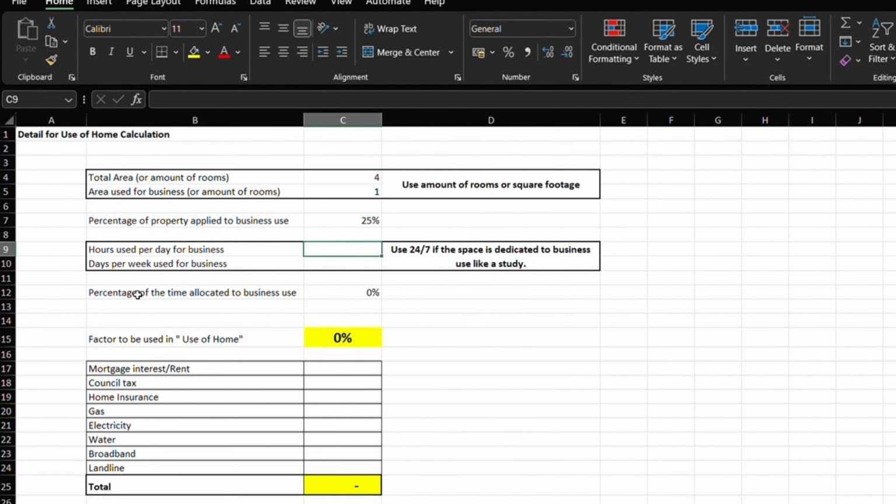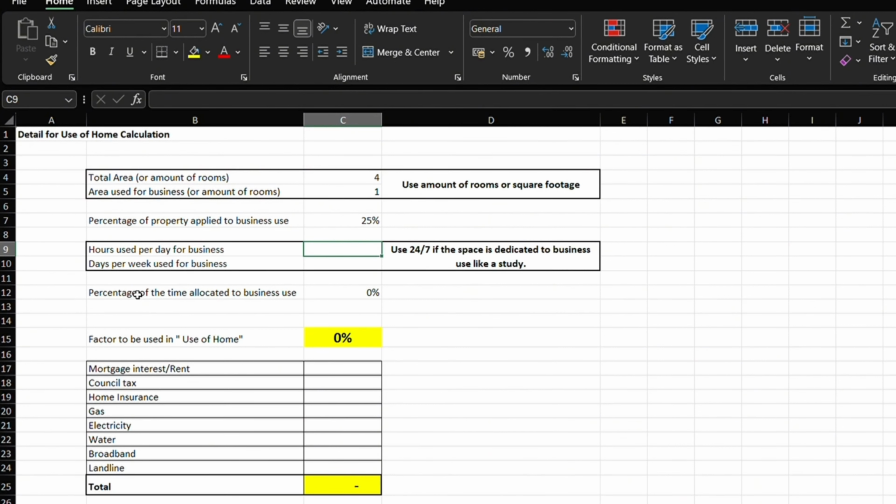Secondly are the hours used per day for the business and days per week used for the business, and the comment next says use 24/7 if the space is dedicated to business use like a study. Like I mentioned, if you have 4 rooms and one of them is being used 100% for business, we calculate 24/7 because we have put a system there.